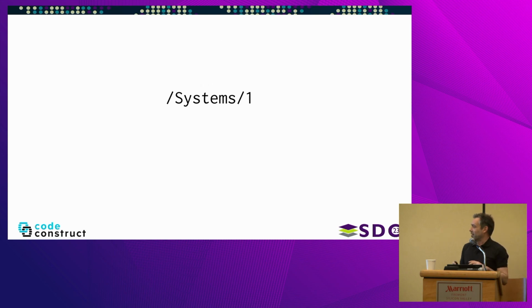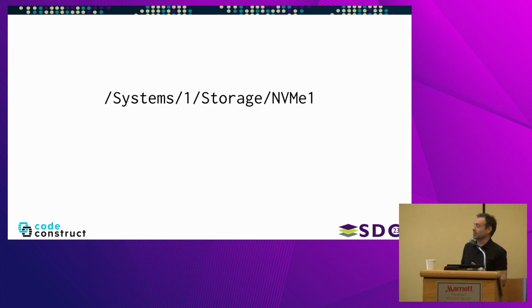As a four-slide overview for those who might not be familiar, under our service root we have a set of systems. Under those systems, we have a set of storage devices. In this example, we have one NVMe storage device, which represents our NVMe subsystem to manage.